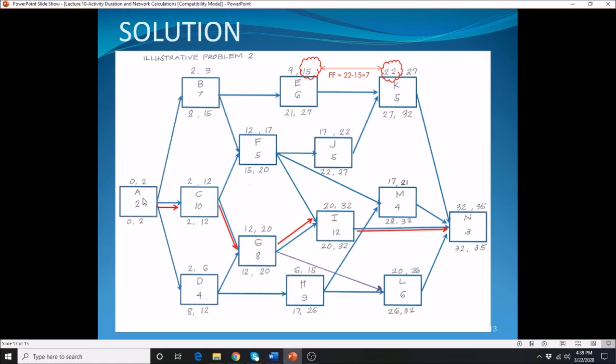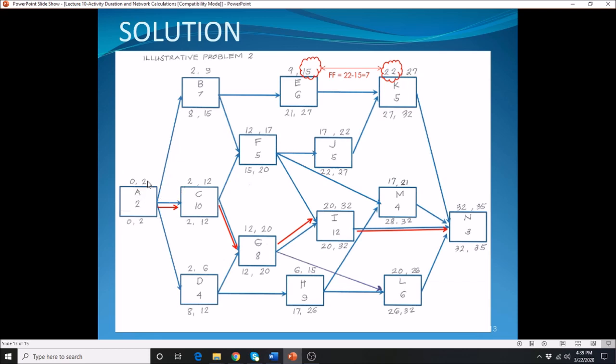When you do the calculation, you have to perform one at a time: forward first, and then the backward. So let's take a look at it. For activity A, it starts at 0 plus 2 is equal to 2.